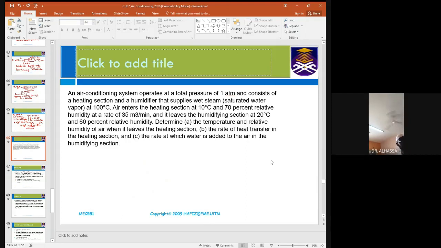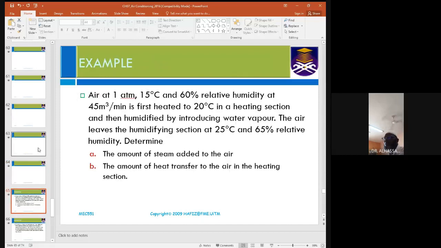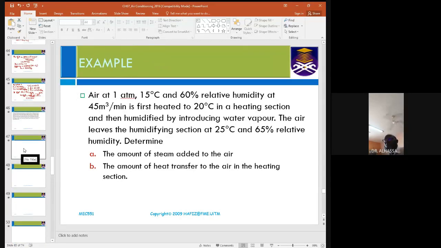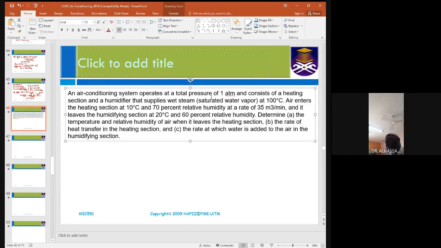The question says that an air conditioning system operates on a total pressure of 1 atmospheric and consists of a heating section and a humidifier that supplies wet steam.